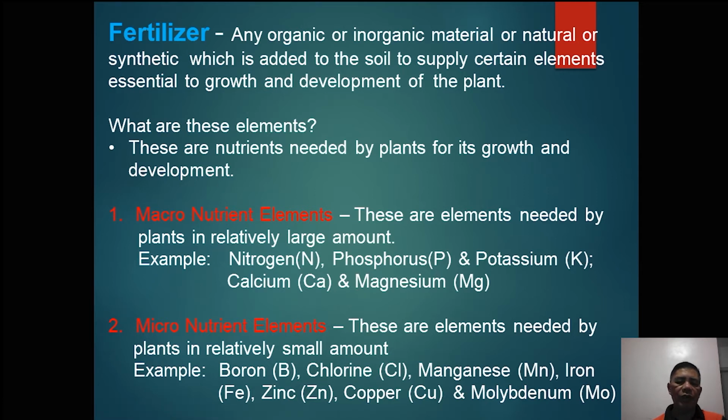That's the reason why our plants are strong and go upright because of phosphorus. That's the responsibility of phosphorus to the plants. And potassium is generally responsible in the production of starch, paving the way for the fruiting and flowering of certain plants.